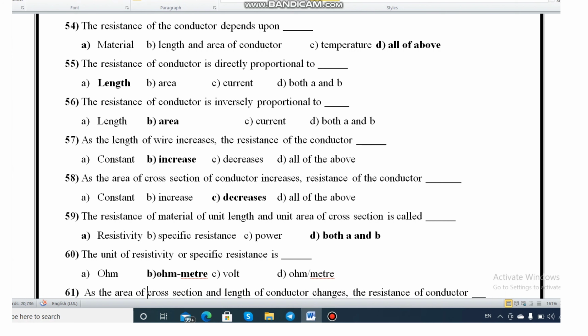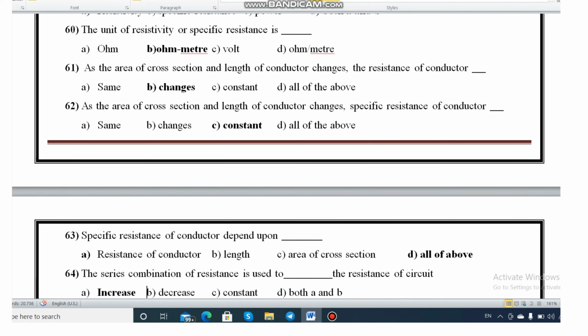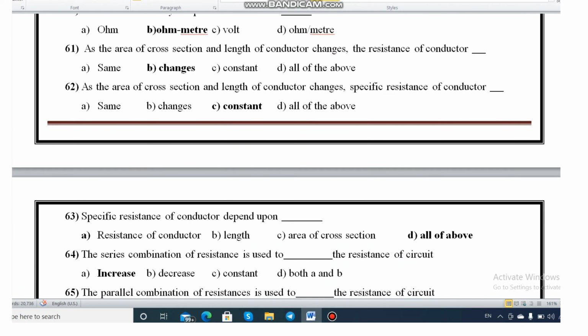The resistance of a material of unit length and unit area of cross section is called what? It is called resistivity or specific resistance. The unit of resistivity or specific resistance is ohm meter. Then question 61.